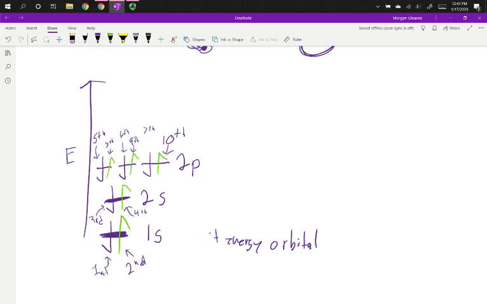Well, what does it mean to be in those orbitals? What's going on with those orbitals? Why do we have different numbers and different letters? Let's go back and think about what the s orbital was. It's just a sphere. The 2s orbital, it's also a sphere, but it has a change in the middle.